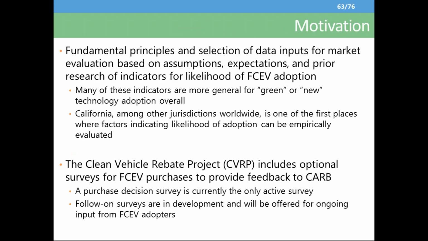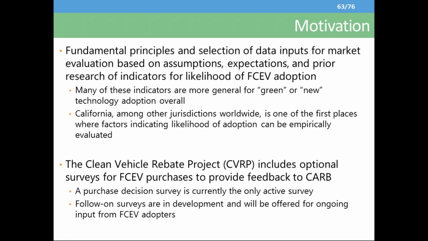Now, looking at those demographic indicators, a lot of prior research into green technology adoption and new technology adoption in general has shown that these types of indicators are valuable and are reasonable placeholders for actually knowing where the real distribution of adopters is.